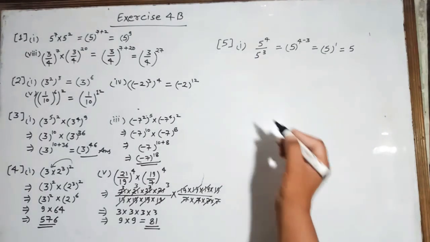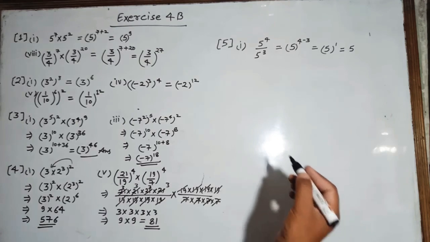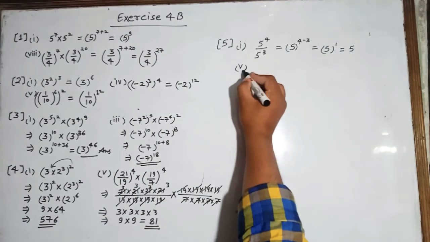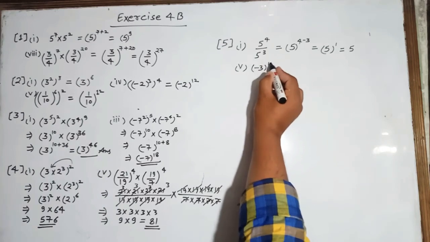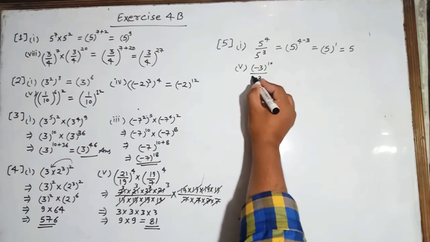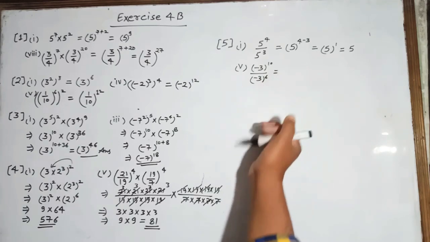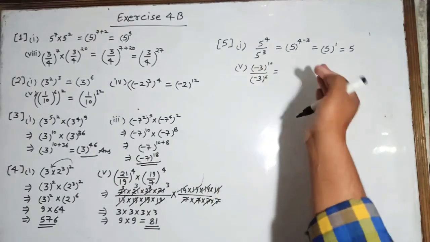One more part I am doing here, that is the last part, the fifth part. It is (minus 3) to the power 10 upon (minus 3) to the power 6. You can see the bases are the same, and in division the powers get subtracted.